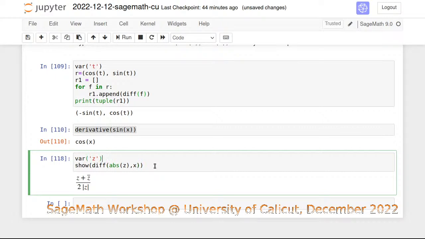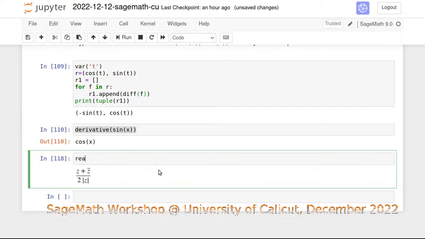Okay, let us try to do another thing. Suppose we define z to be equal to x plus iy. Then can we define absolute value of... maybe real? Let's try with this.